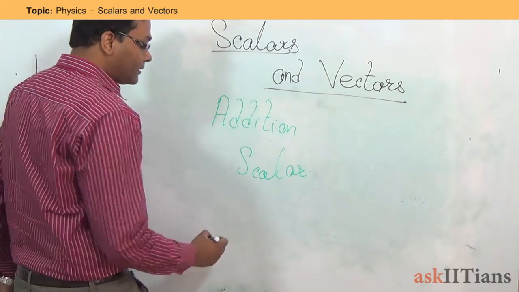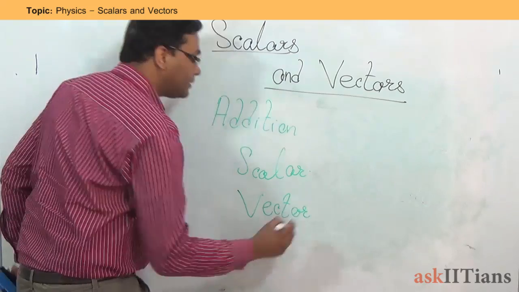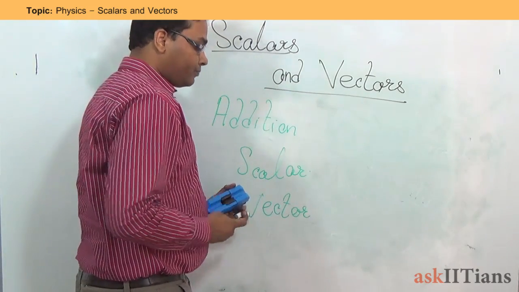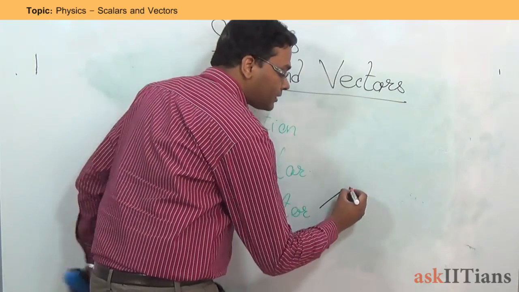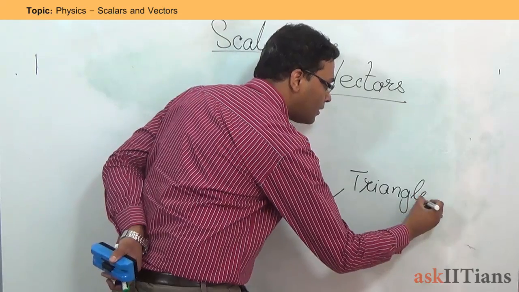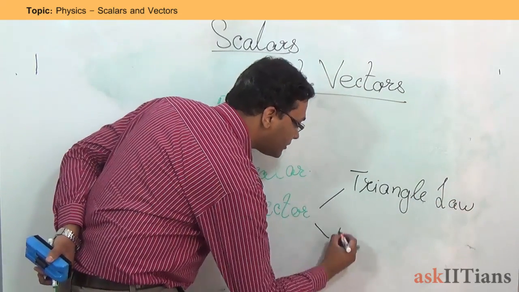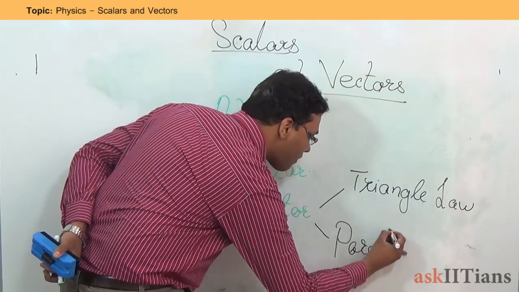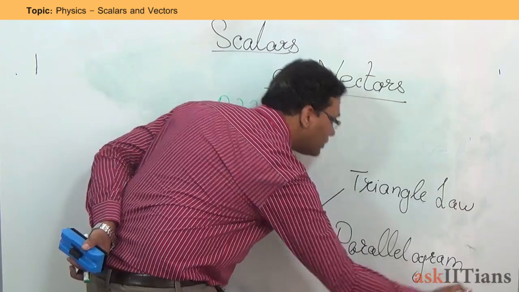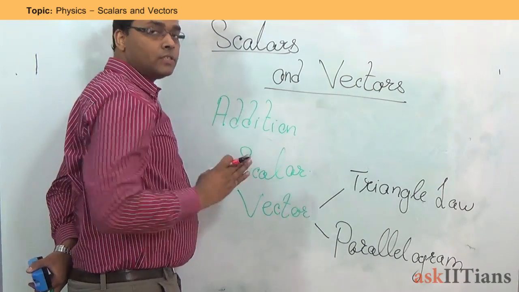Whereas for a vector quantity, there are two ways of finding the net result. One is the triangle law of vector addition. The other is the parallelogram law of vector addition. So for scalars we should not worry.